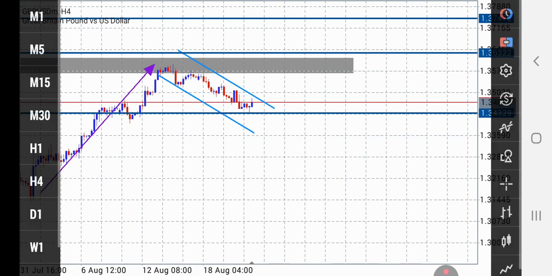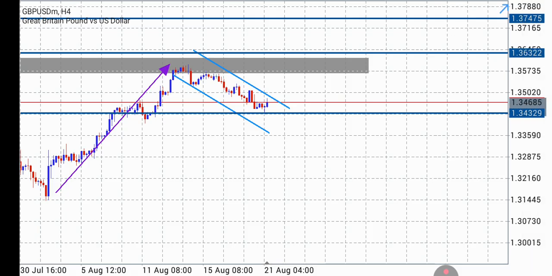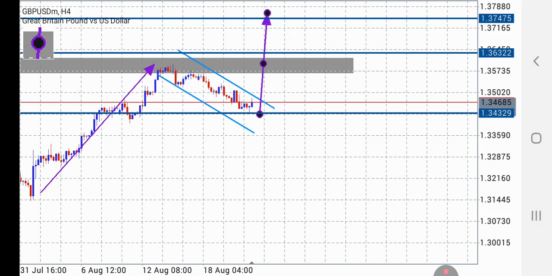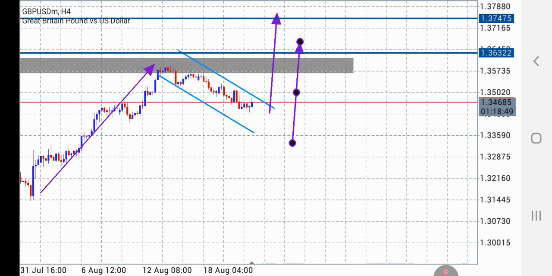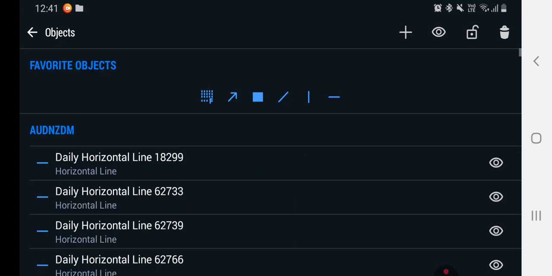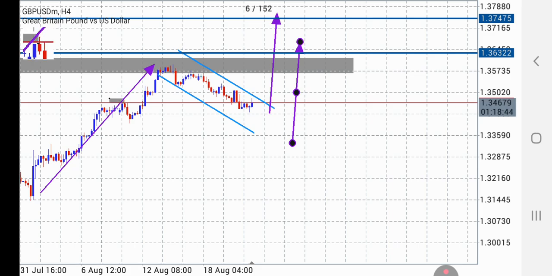Y'all can see that price came to that support we created down there, and we wait for it again to push to the upside. And we also have some kind of support down here, where it makes sense for price to retest and continue pushing to the upside.